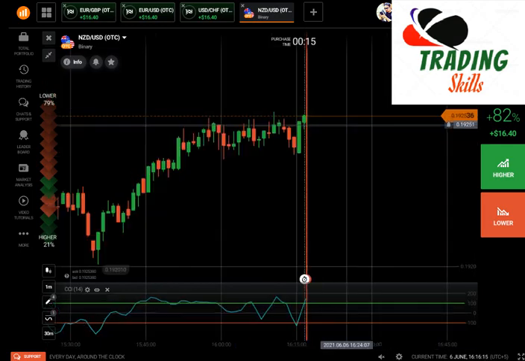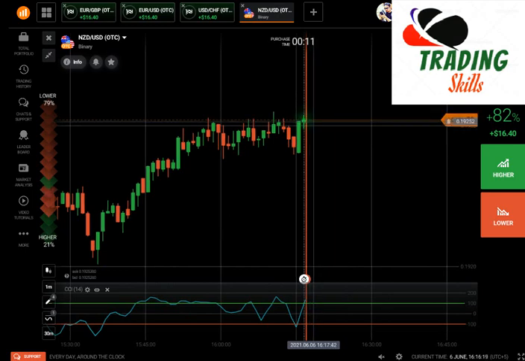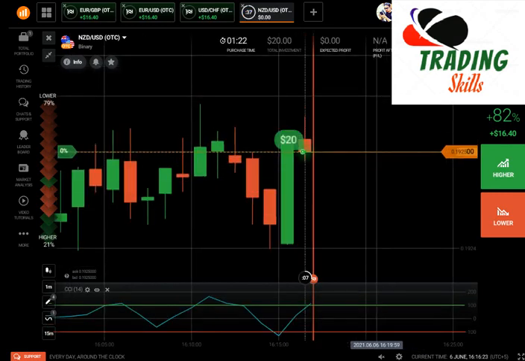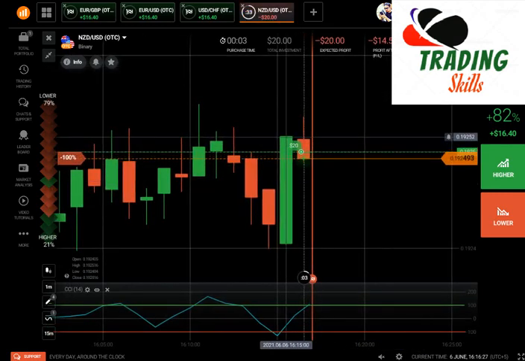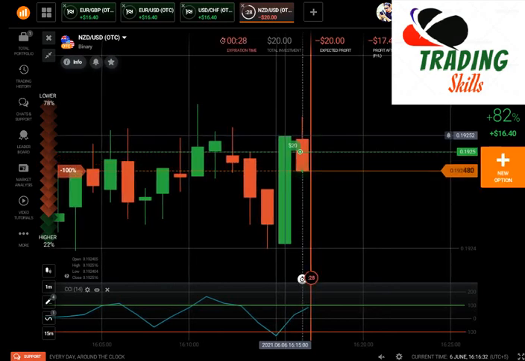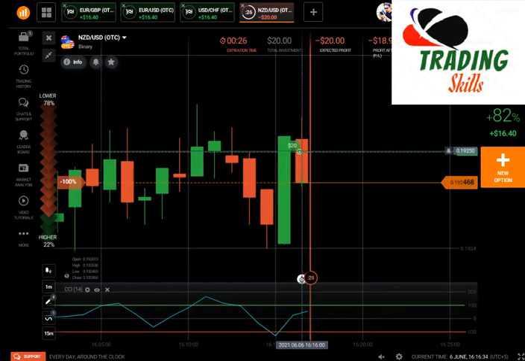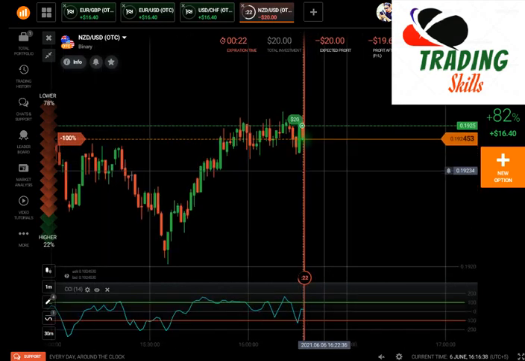I can go here with the buyers. Yes, I can go here with the buyer because this candle is a very strong candle. So the market can go up from this zone, so it has to go up.